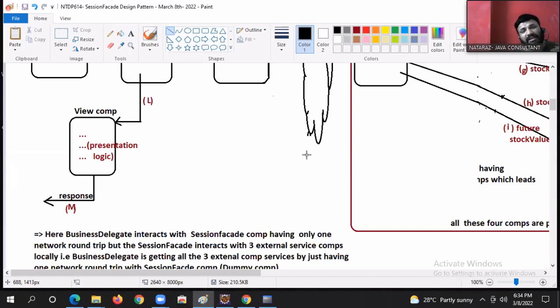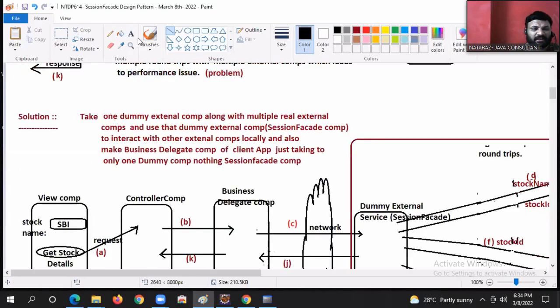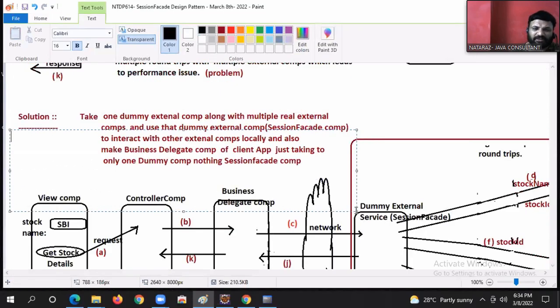Will you go to the market three times, or will you go to the market one time and complete all three works? Yes or no? The solution diagram is also talking about the same thing, or not? Yes, that's why the solution is the best.